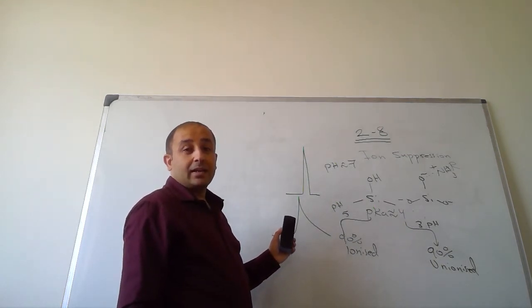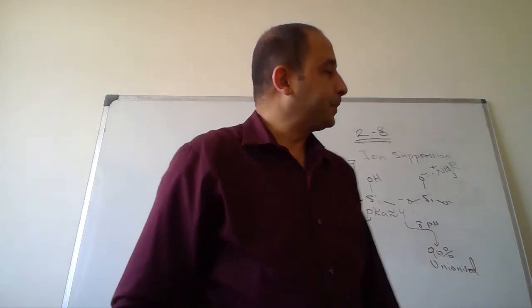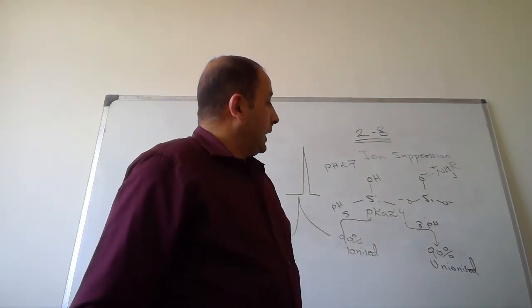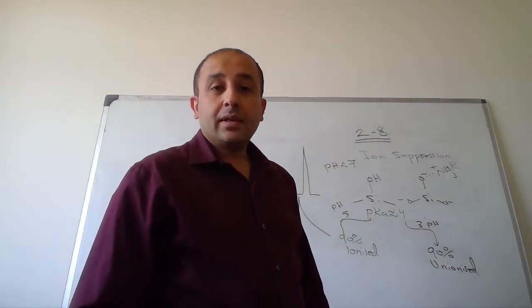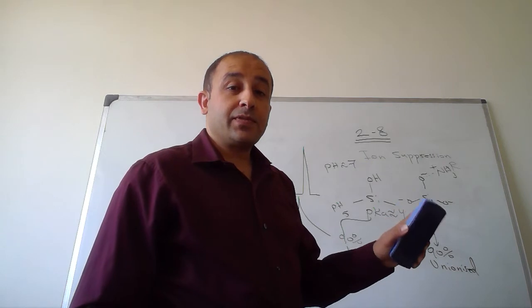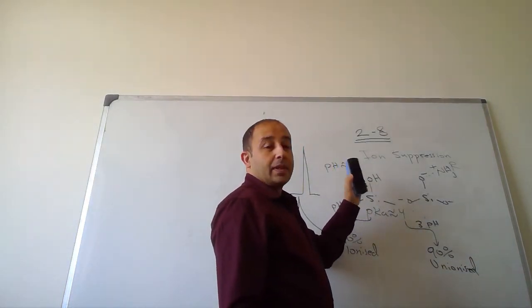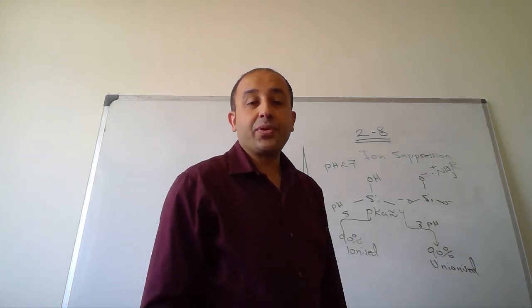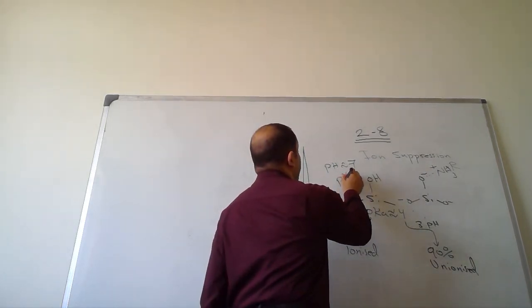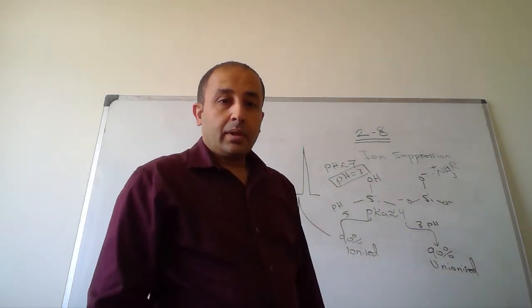That tailing will end up with bad resolution of peaks of analytes. Due to this fact, the majority of methods in the United States Pharmacopoeia have a pH of 3 for the mobile phase, or around 3. Okay.